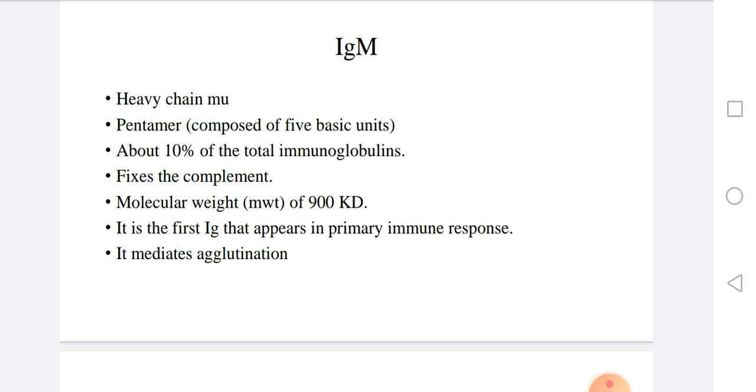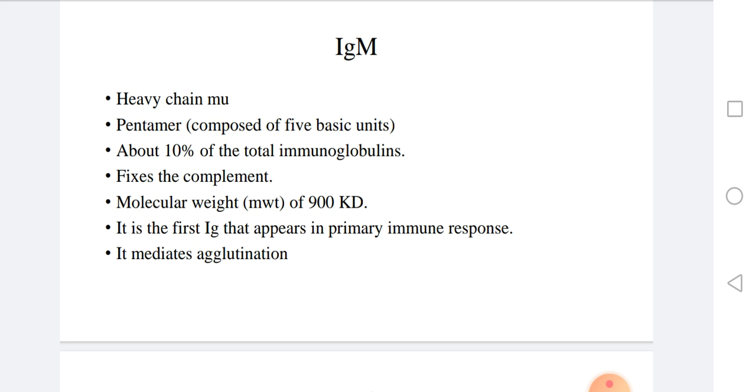We start with the first class, IgM. Here the heavy chain is mu. It is a pentamer, that is to say composed of 5 basic units. It constitutes about 10% of the total immunoglobulins in the blood. It has got the ability to fix the complement. We are going to talk about the complement system in a separate lecture.